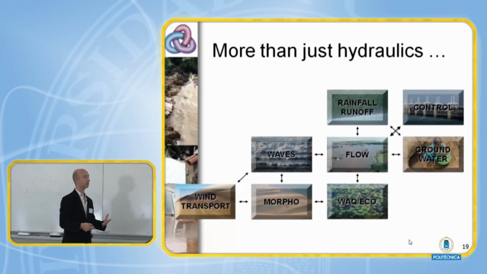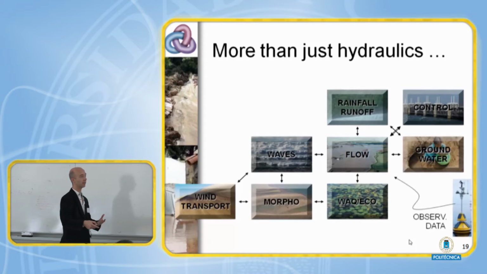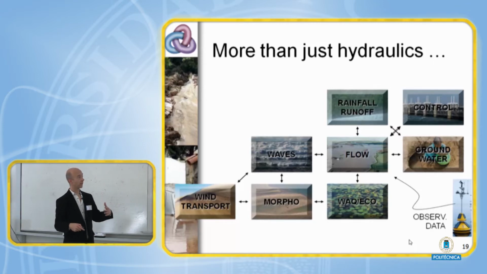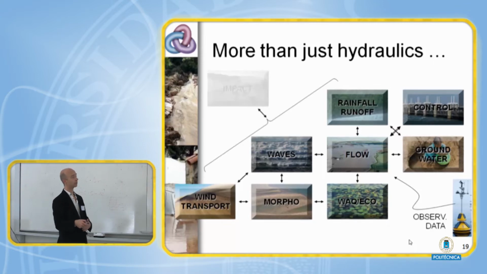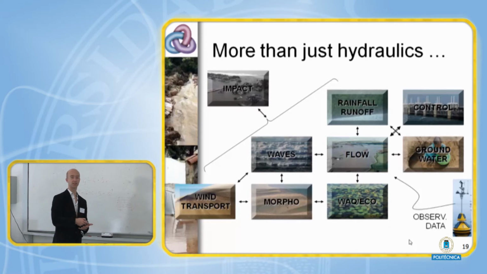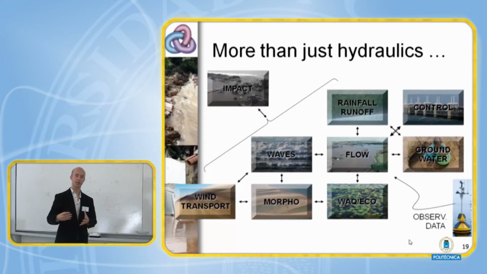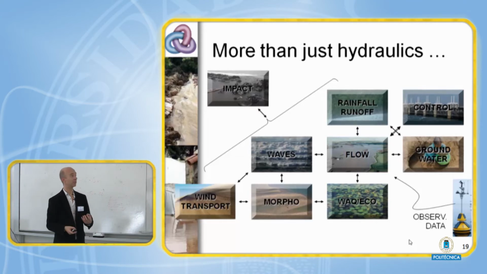Then you start mixing it with data, so you have possibly live data fields, and then in the end you want to go to impact assessment. So this is the bigger picture of where you would like to go with all of these platforms.